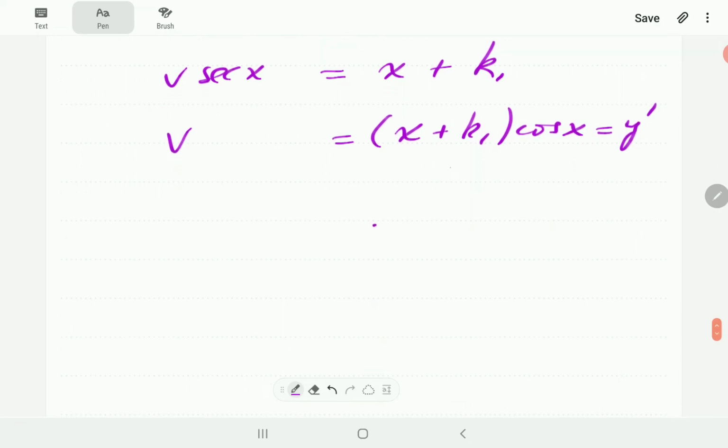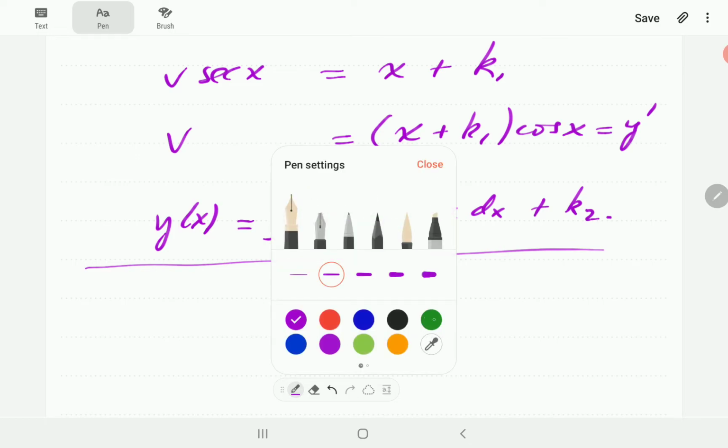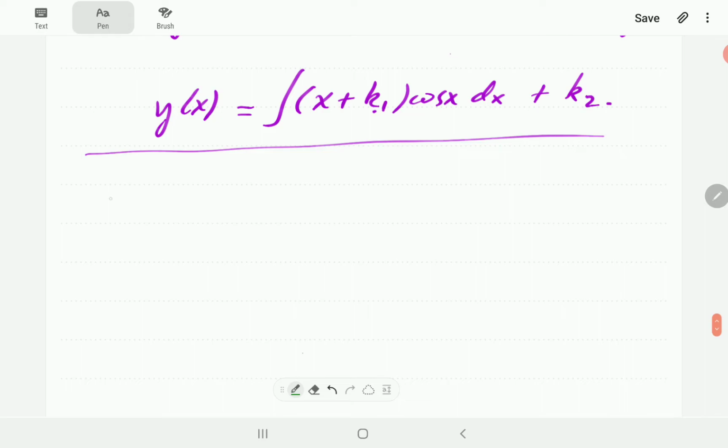So if we integrate again, it means y is going to be the integral of x plus k1 cosine x plus k2. Now that integral we can evaluate using tabular integration.